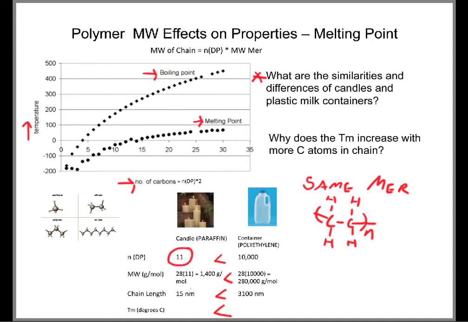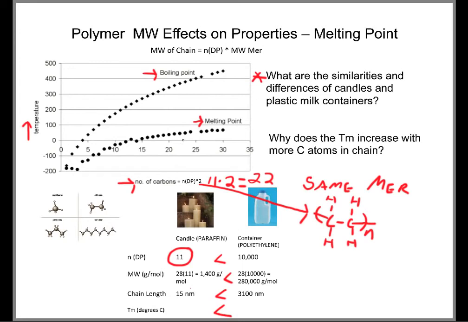So we need to determine the number of carbons from the degree of polymerization. Now, the number of carbons is equal to the degree of polymerization, which is 11, times 2. The reason why it's times 2 is because in the mer we have 2 carbons. If there were 3 carbons in the mer, there'd be 3, etc. So we have 11 times 2 to find the number of carbons, and that would give us 22.